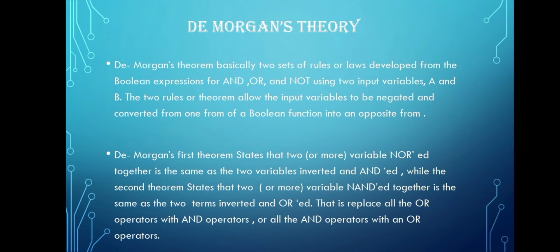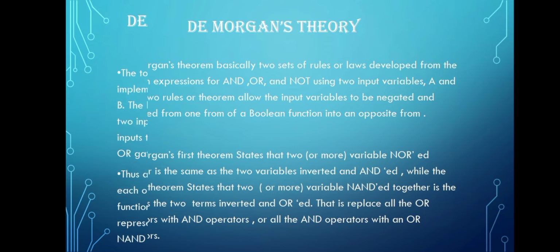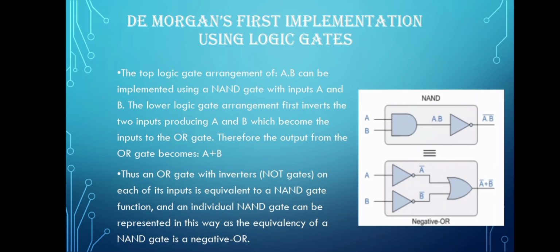De Morgan's first theorem states that two or more variables NOR'ed together is the same as the two variables inverted and AND'ed, while the second theorem states that two or more variables NAND'ed together is the same as the two terms inverted OR'ed. That is, replace all the OR operators with AND and all the AND operators with OR.